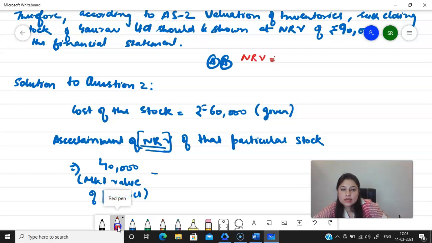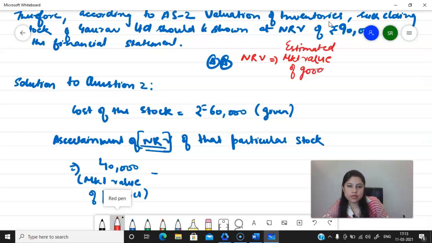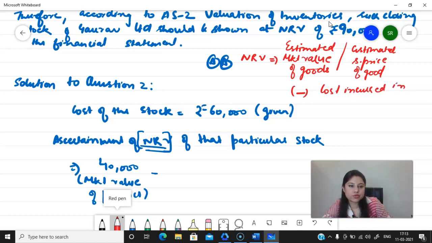NRV is equal to the market value of the product, estimated market value of goods, or it can also be the estimated selling price of such goods, minus cost incurred in order to complete that particular product, or in order to complete or sell the product or make it saleable, basically.